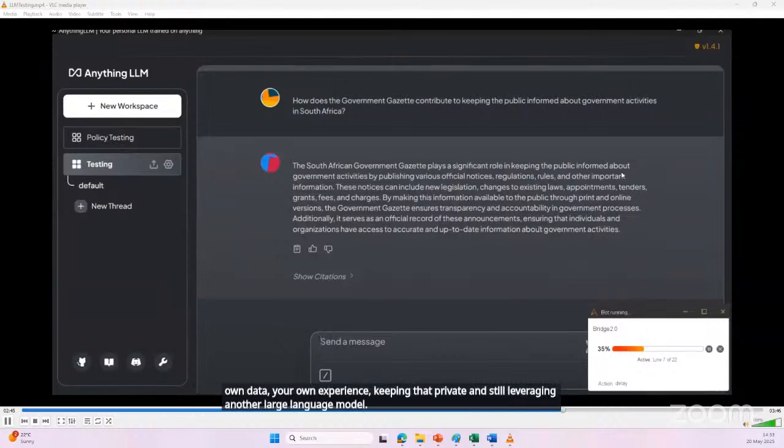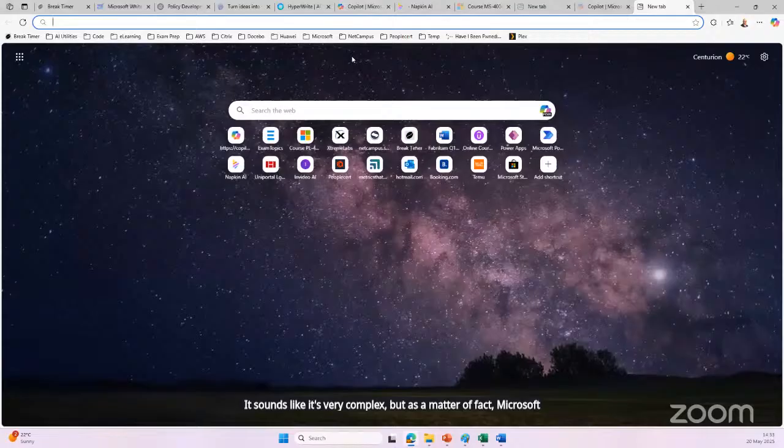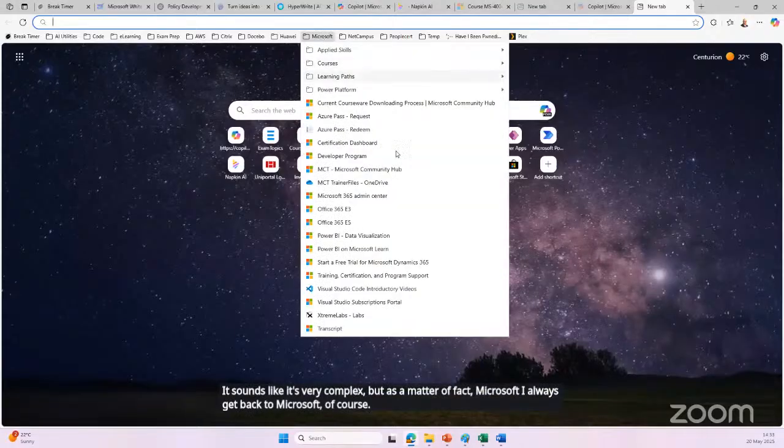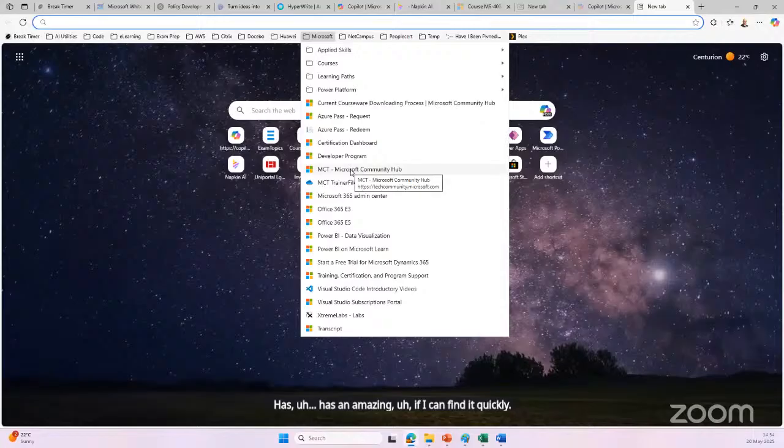Right. It sounds like it's very complex, but as a matter of fact, Microsoft, I always get back to Microsoft, of course. Microsoft, in their wisdom, has an amazing experience, if I can find it quickly.